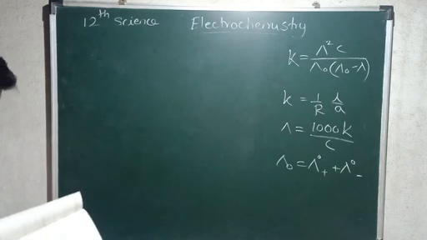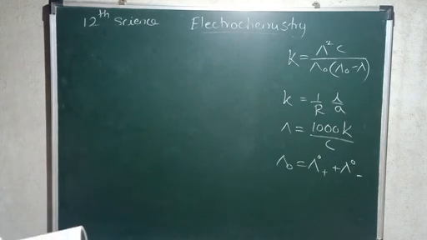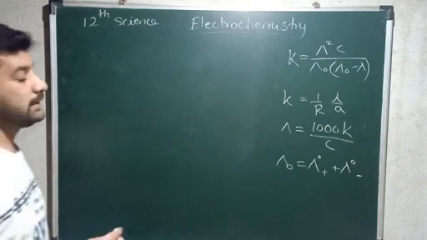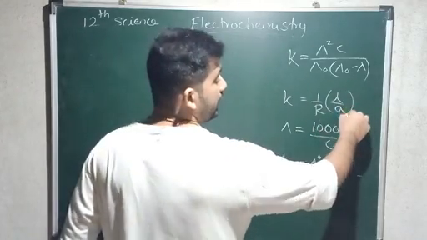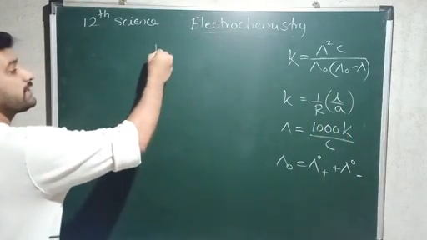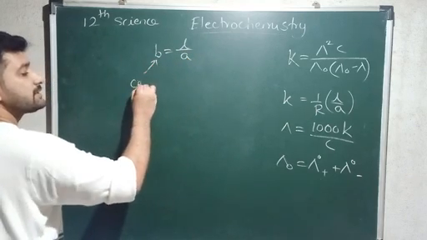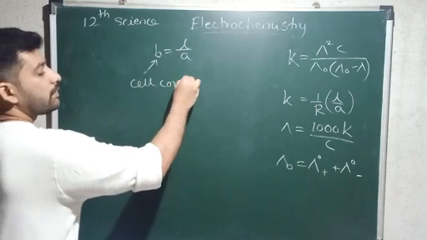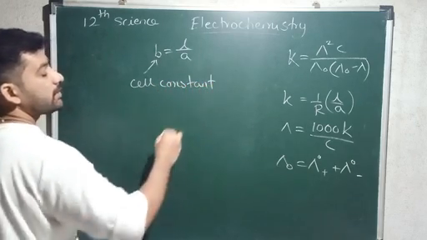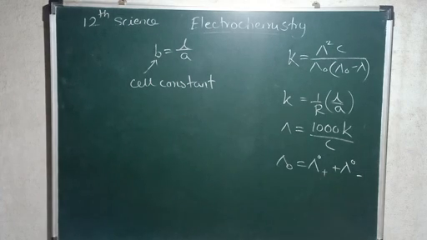Now L by A is also known as cell constant. So we can write B is equal to L by A. We can say that B is known as the cell constant. So we will try to solve an example based on that.